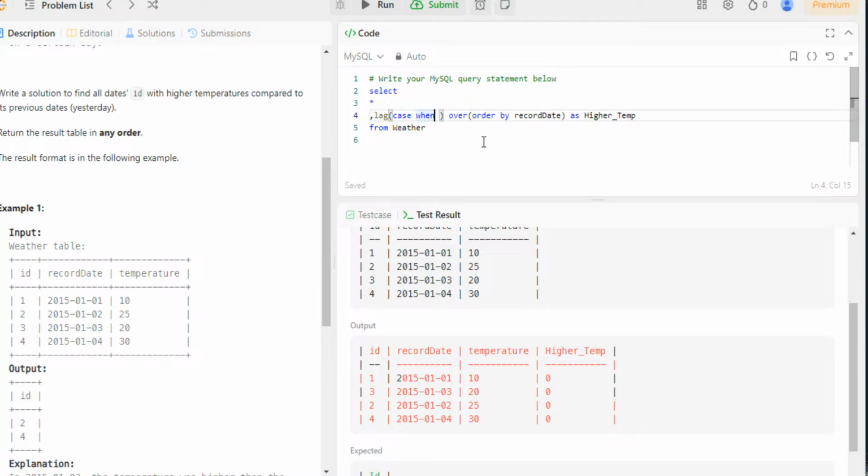Case when, so I'm ordering over order by date, and then if I don't know how, okay, it's going to look at, okay, we're going to do this previous date's temp.